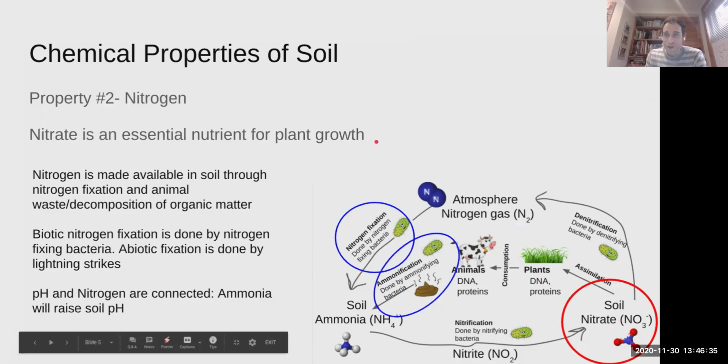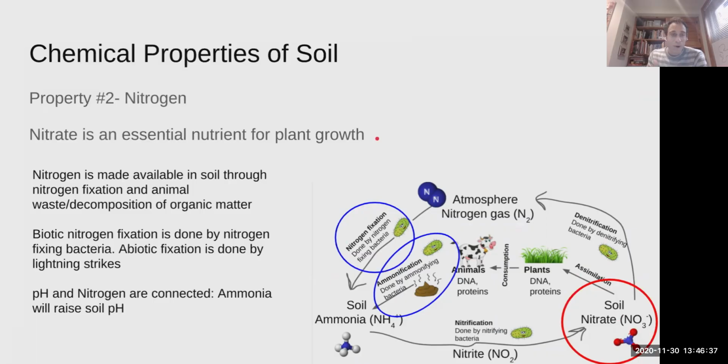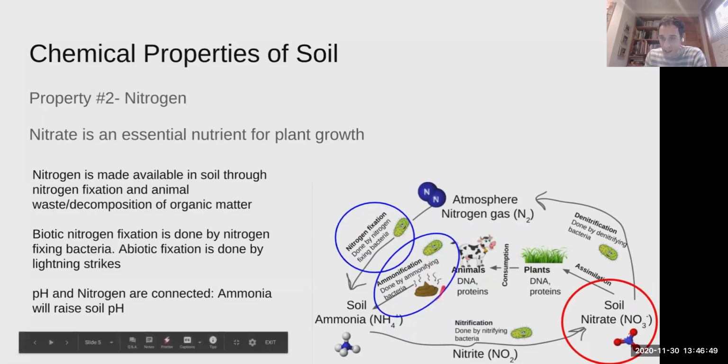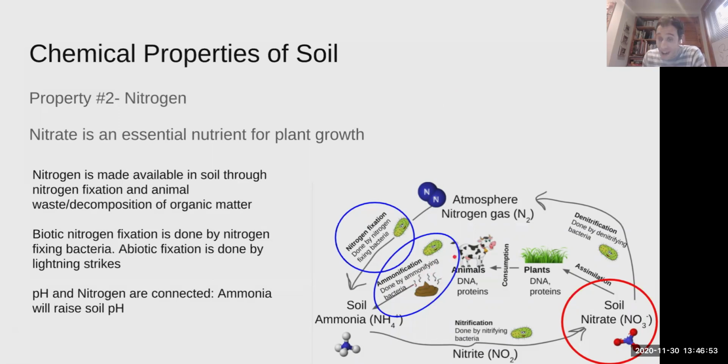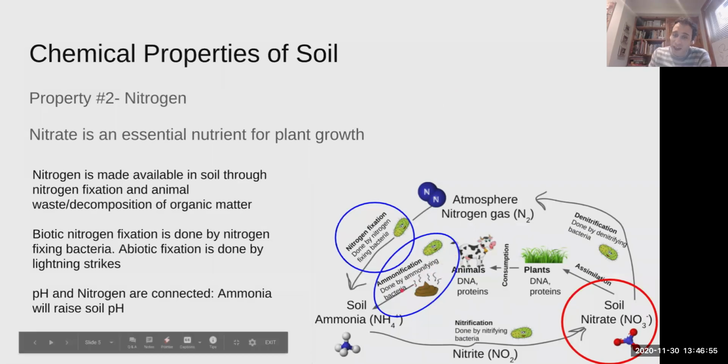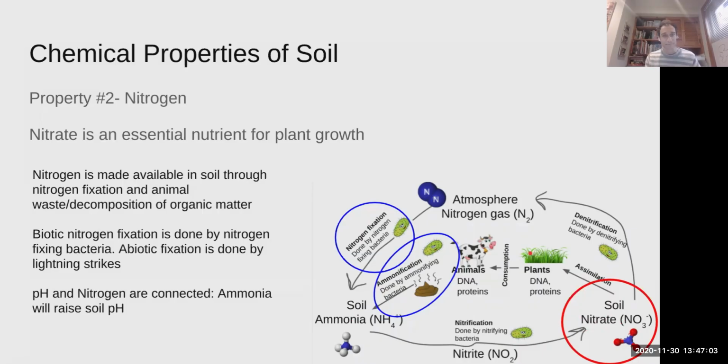Other big reservoirs of nitrogen are in organic living things. Animals and plants contain a bunch of nitrogen, so we need to cycle that back into the soils. Animals do that through waste, and all living things do it through death and decomposition, and they'll return it to ammonia as well, where it can be nitrified, turned into nitrate, which will be assimilated into plants.